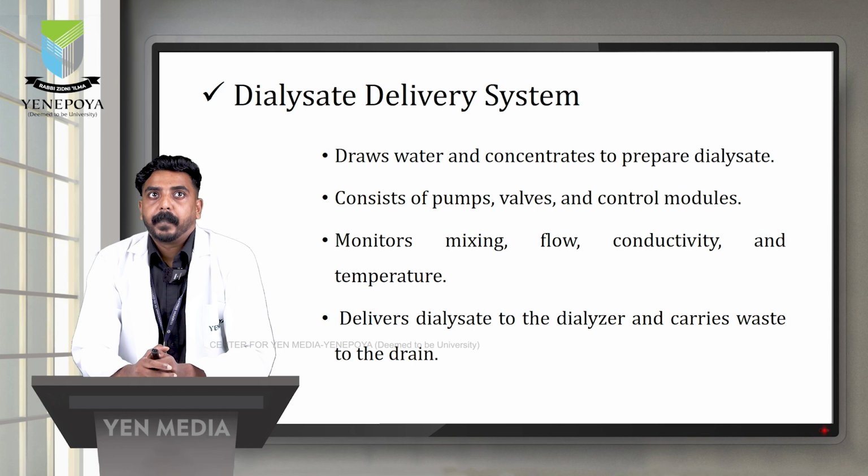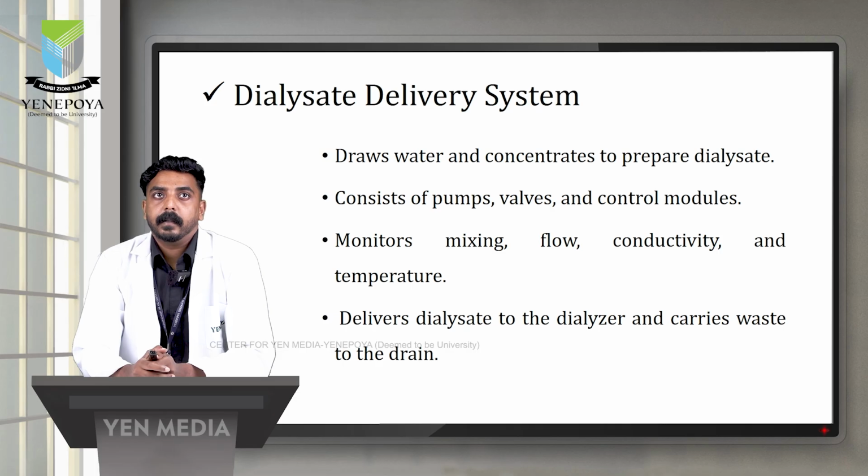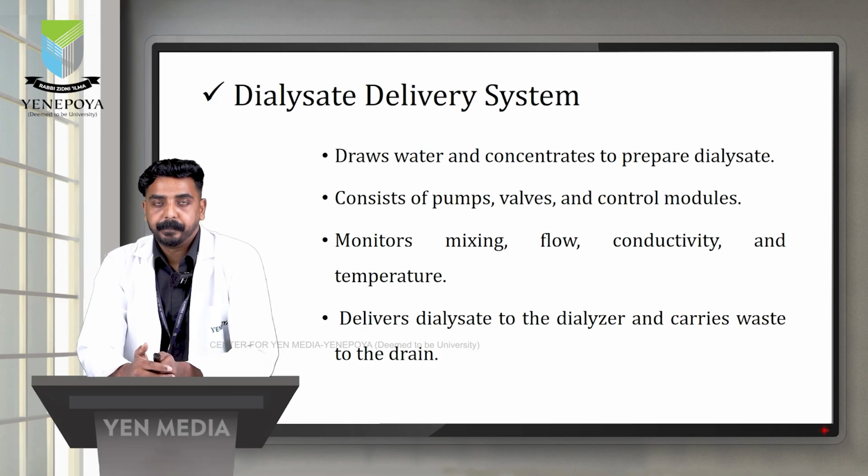Dialysate delivery system: it draws water and concentrate to prepare dialysate. It consists of pumps, valves and control modules. It monitors mixing, flow, conductivity and temperature. It also delivers dialysate to the dialyzer and carries waste to the drain.